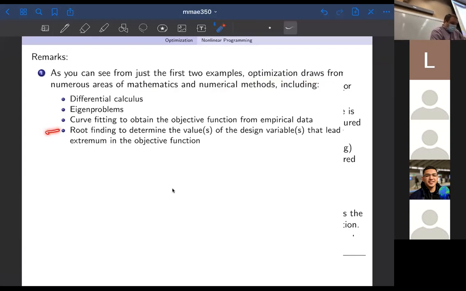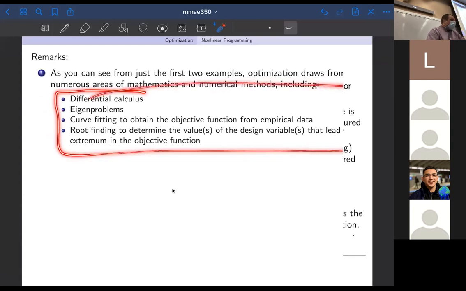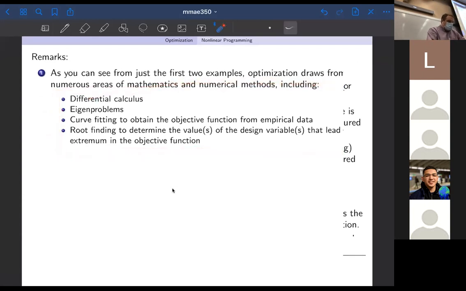And then root finding to actually determine the optimal solutions, the minimum or maximum. So we're drawing on a lot of different math as well as numerical methods. I like it for that reason because it pulls all these things together, but it can get a little confusing at times because of all the different scenarios that are possible and all of the different methods and mathematics that we're pulling in to solve these problems.